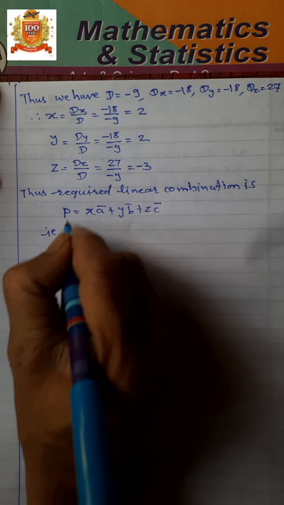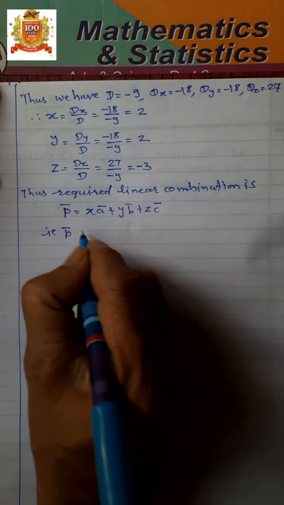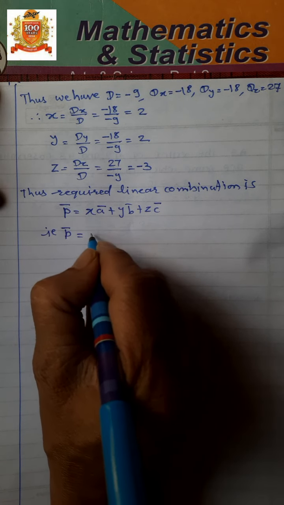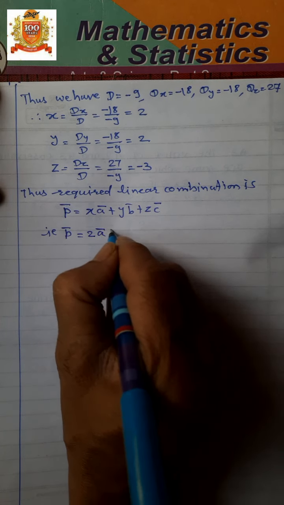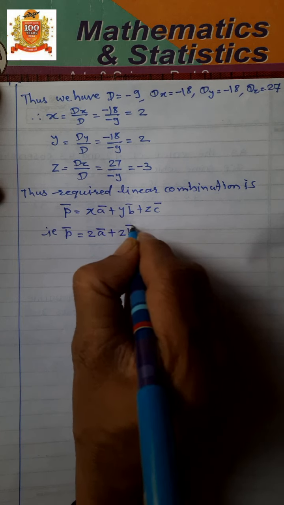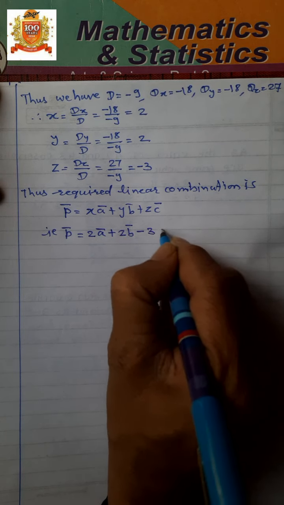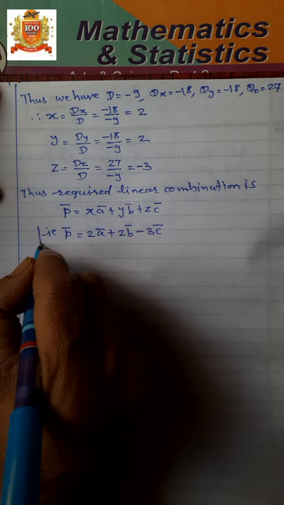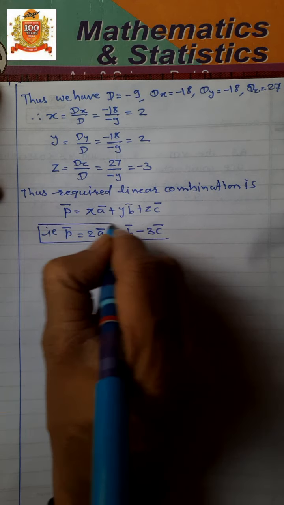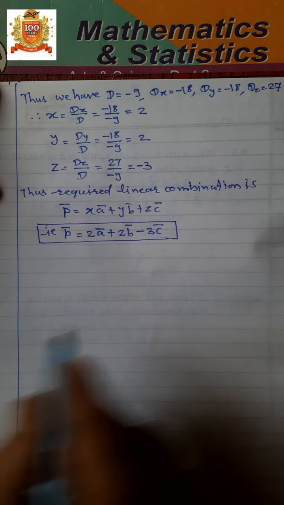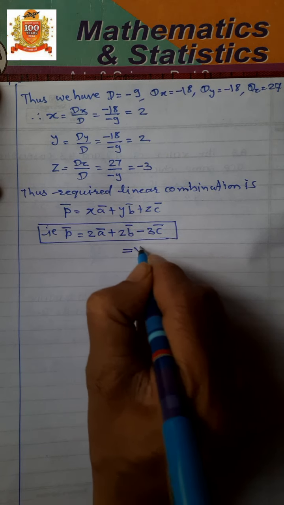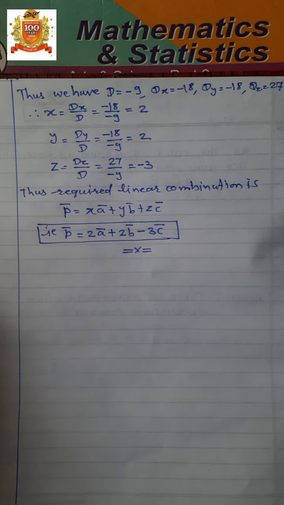That is, p bar is equal to, putting the values, 2 into a bar plus 2 into b bar minus 3 into c bar, which is the required linear combination here. In this way, we complete exercise 5.1.